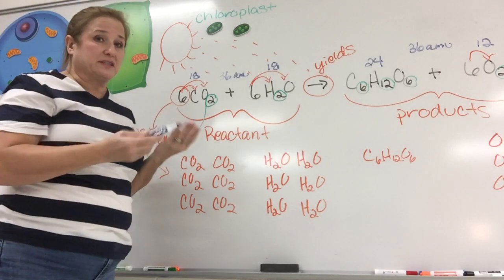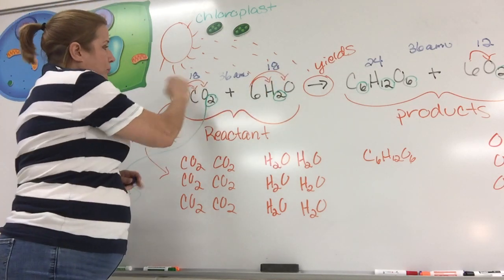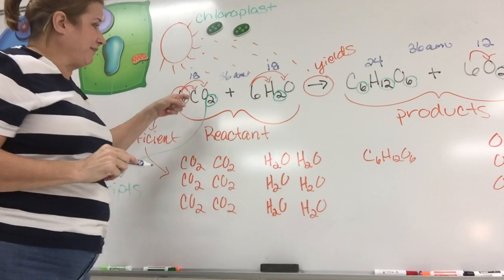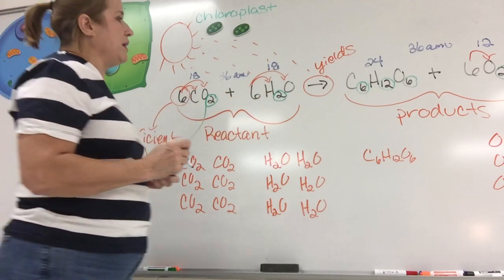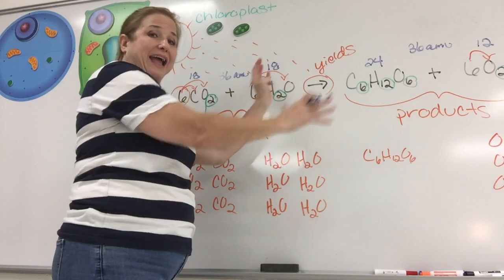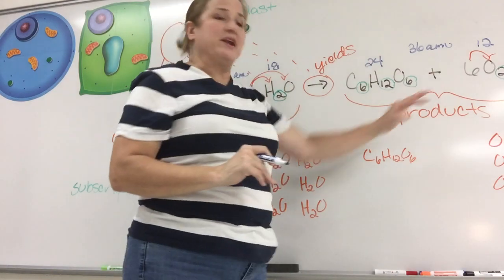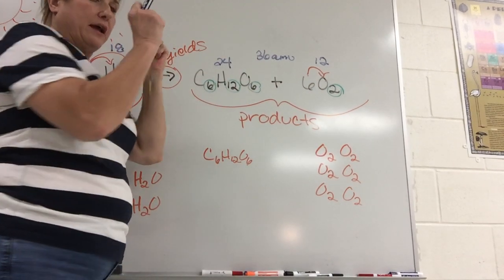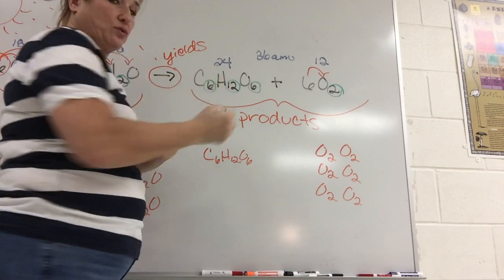So what photosynthesis does is it uses radiant energy from the sun to break apart the chemical bonds holding these 6 carbon dioxide molecules together and these 6 water molecules together. And then it takes all of those atoms, that's what the arrow does, and rearranges them into new substances, glucose and oxygen, and chemically bonds them together with chemical bonds that have stored energy.